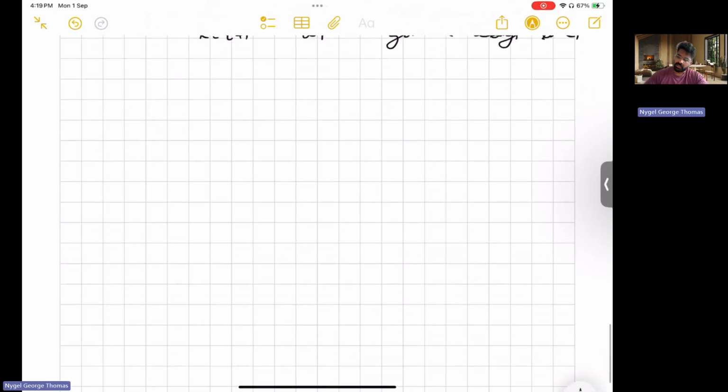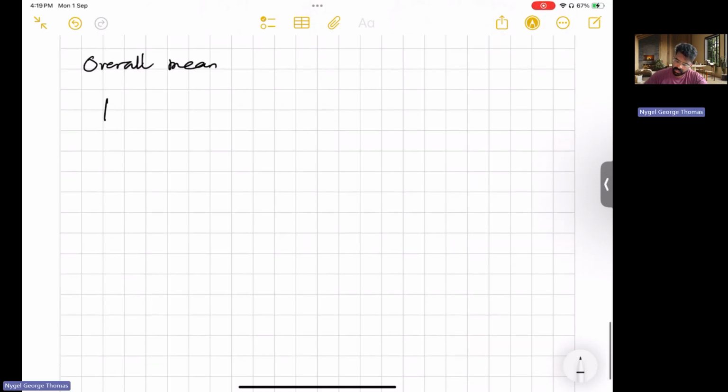You also have to find the overall mean, mu t. This is for the entire image, so the conditional probability doesn't matter. We just have to take the overall mean for the entire probability distribution. So it's sigma k 0 to capital K minus 1, k into P of k.